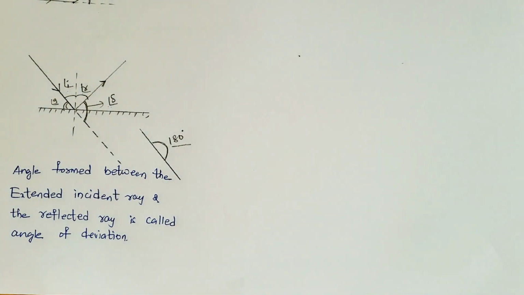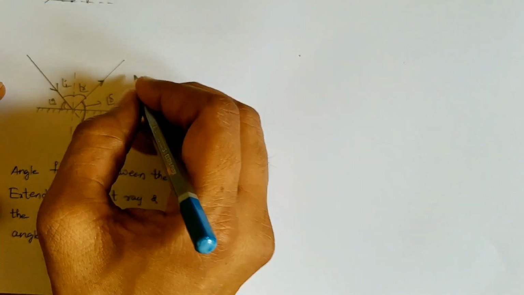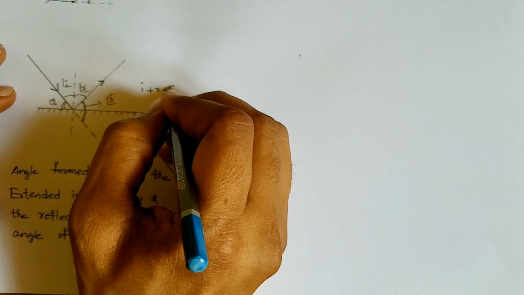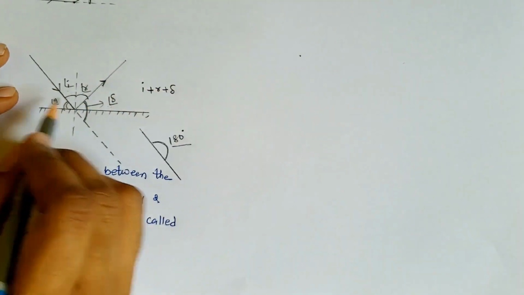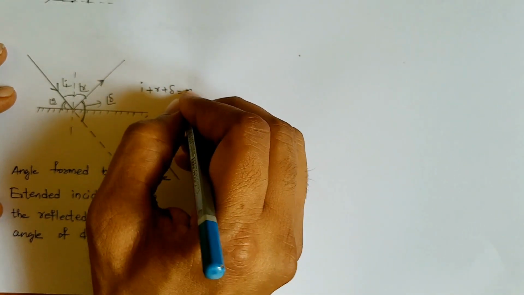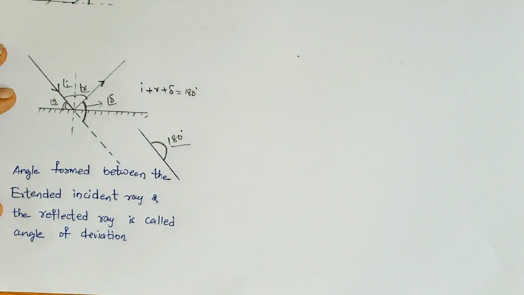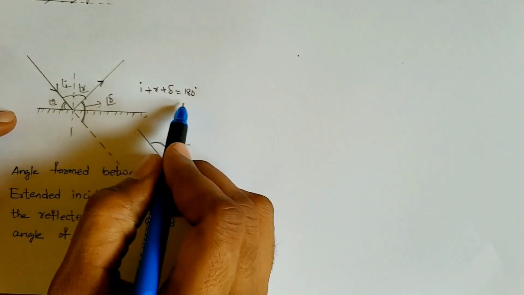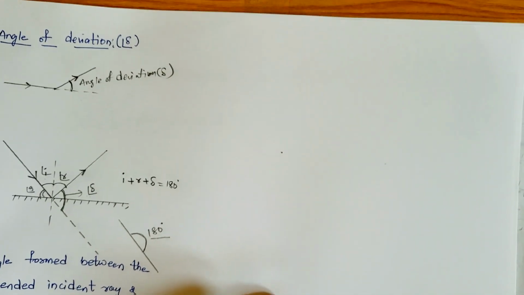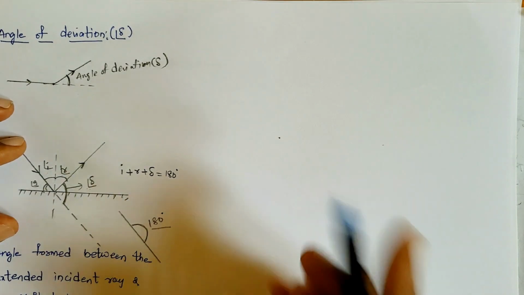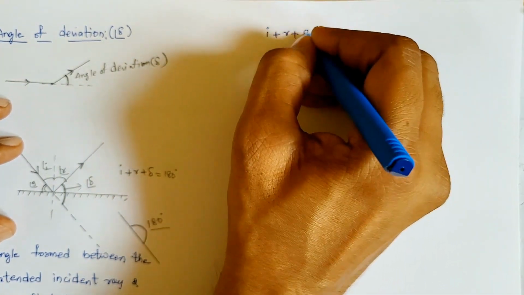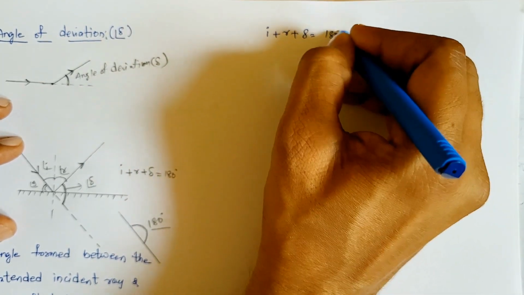So can I write angle I plus angle R plus angle of deviation? If I add all these three, it should result in 180 degrees, correct? So we get angle I plus angle R plus lambda equals 180 degrees.